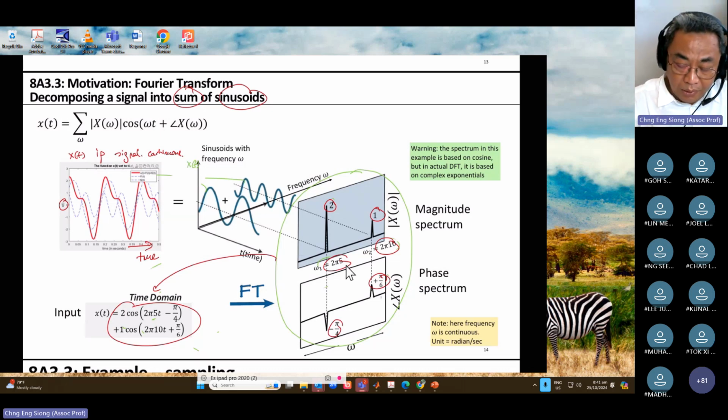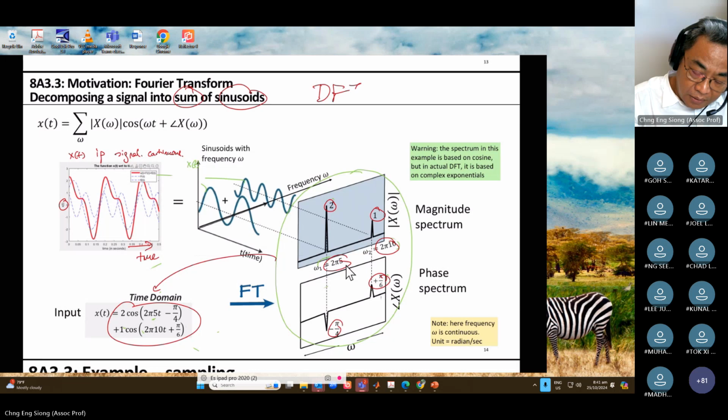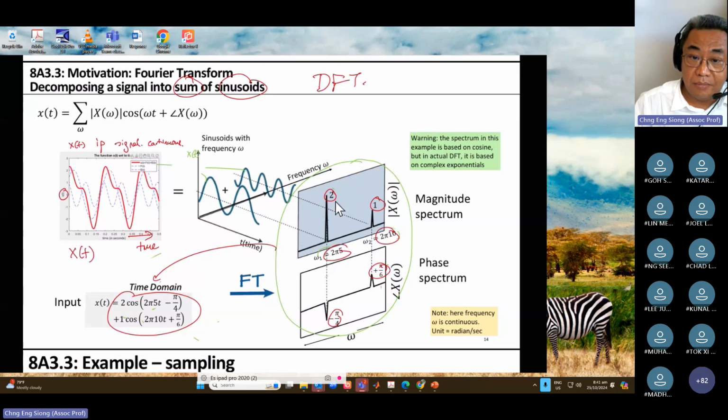And what is DFT? I'm going to show you DFT now. So let's remember x of t, and let's remember these two diagrams as x of omega. Later on, you realize that in the Fourier domain, x of omega becomes x of k, and x of t becomes x of n.